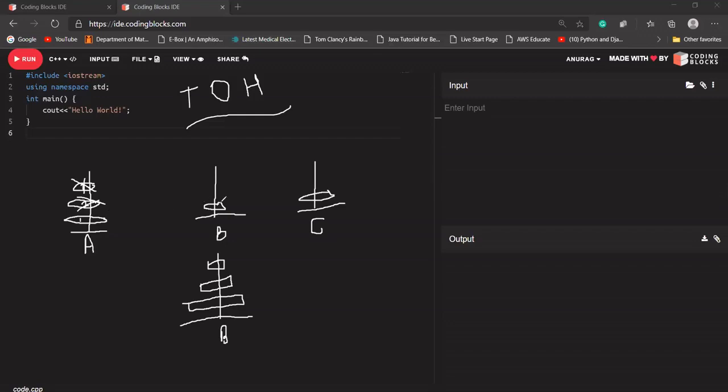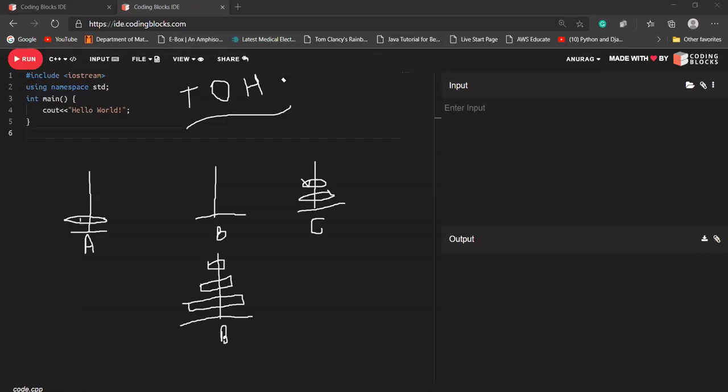So what I can do now is move this disc to here. Okay, and now I can move this one from A to B. If I'm doing from A to B, now the smaller disc will be at this position. Let me remove this.